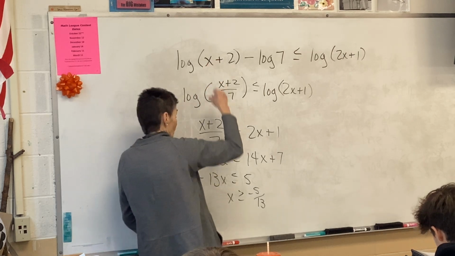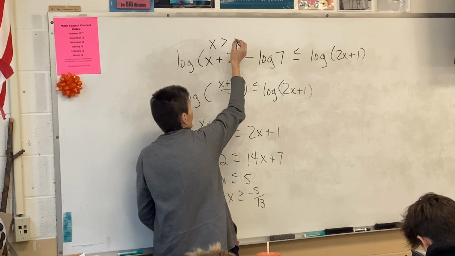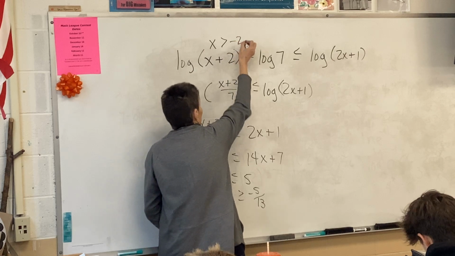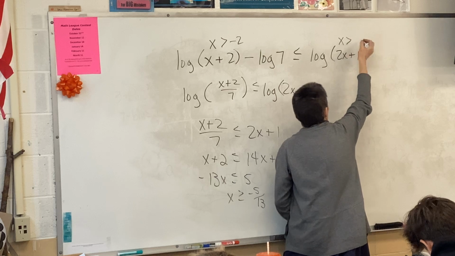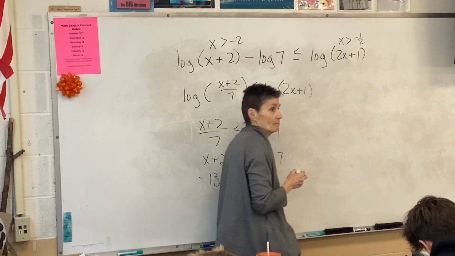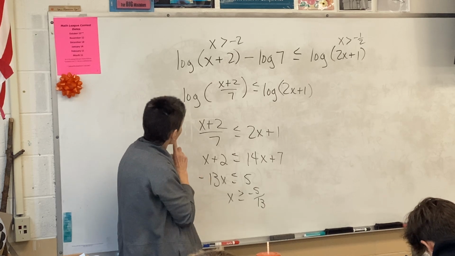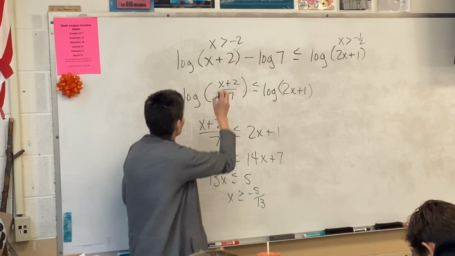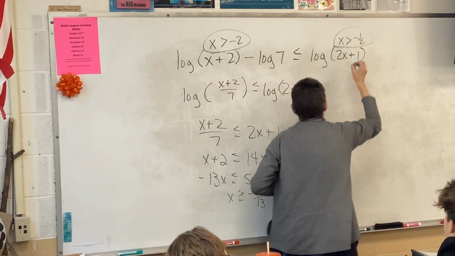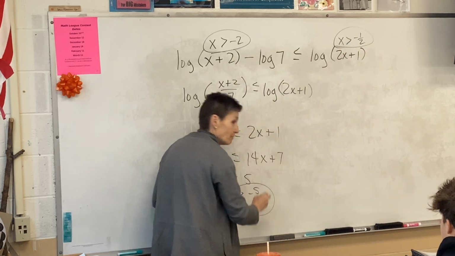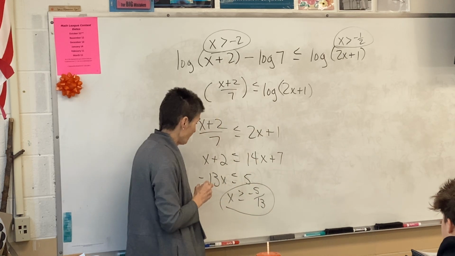What do I have to think about though? Whatever's going on there, x has to be bigger than -2, and x has to be bigger than -1/2. So for my answer, I gotta put all this together. I have to be that, and I have to be that, and I have to be that. So what am I?